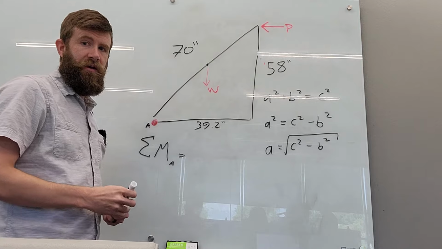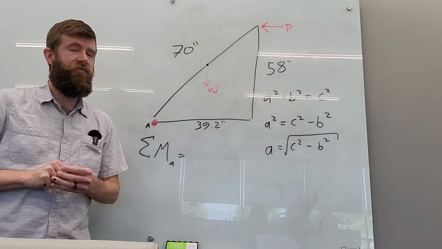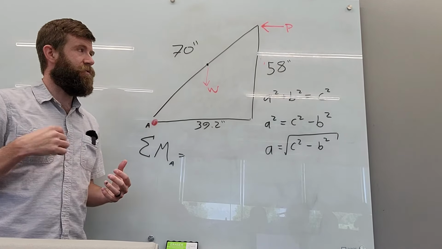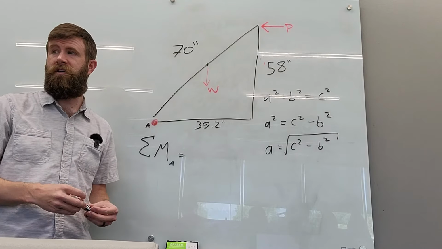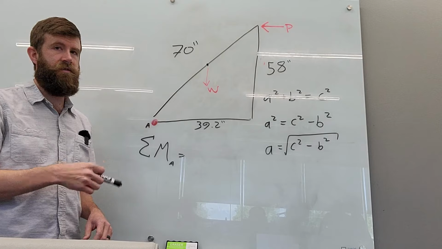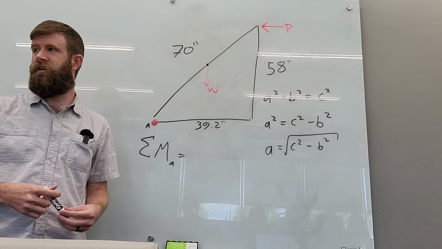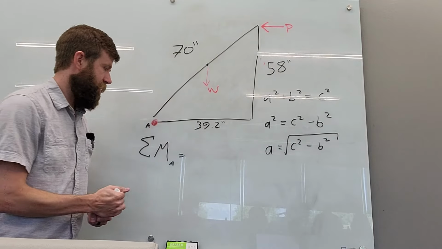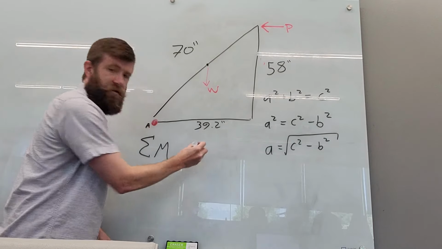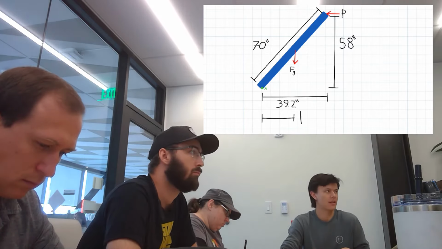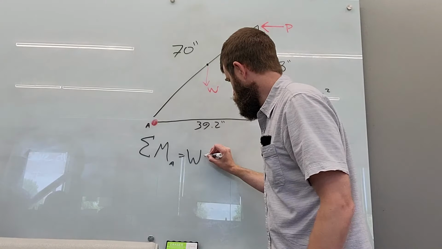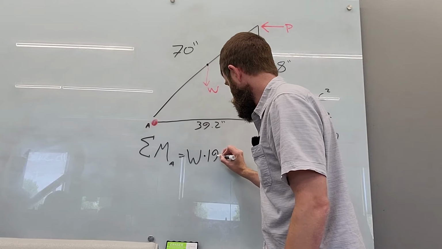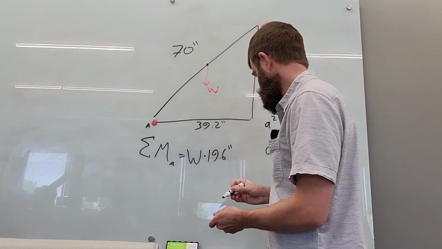So we need a force and a lever arm distance that makes her rotate in the positive or clockwise direction. So what force tends to make her rotate in the clockwise direction? Force due to gravity. Yep, her weight. And what's the lever arm distance? Would that be half the length? 19.6. So weight times 19.6 inches.